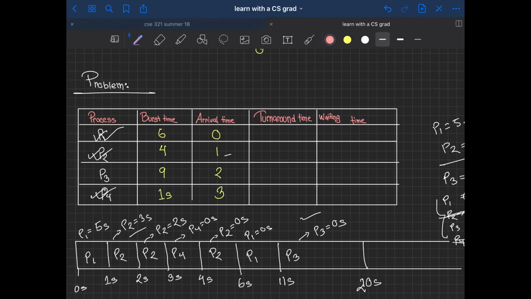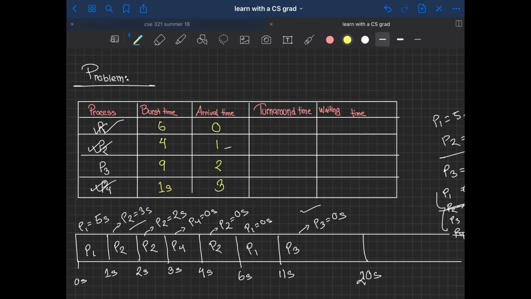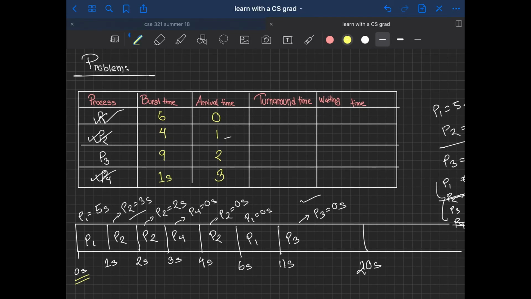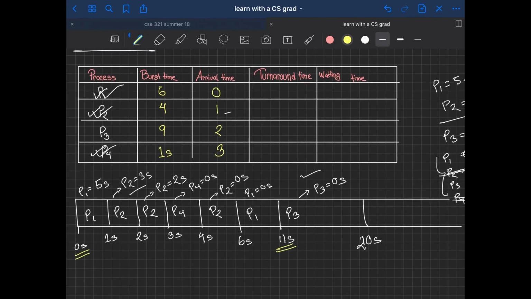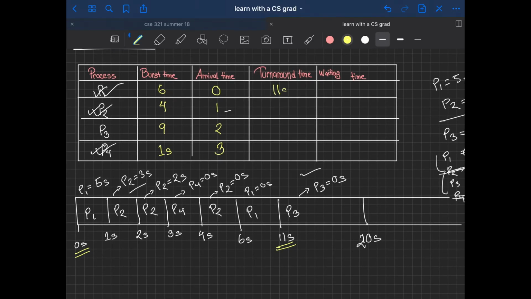Okay, so P1 comes at the 0 second and leaves the RAM at the 11th second. So its turnaround time is 11 seconds, and its waiting time is 11 minus 6, that's 5 seconds. P2 came into the RAM at the 1st second and left at the 6th second.